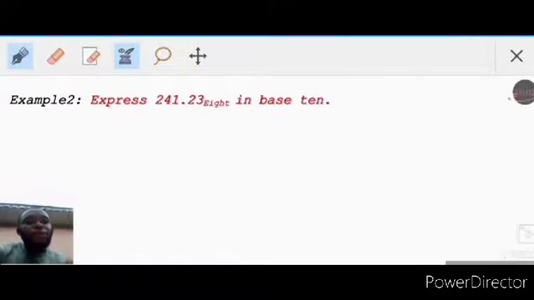Okay, example 2. Express 241.23 base 8 in base 10. So let's see what we can do.